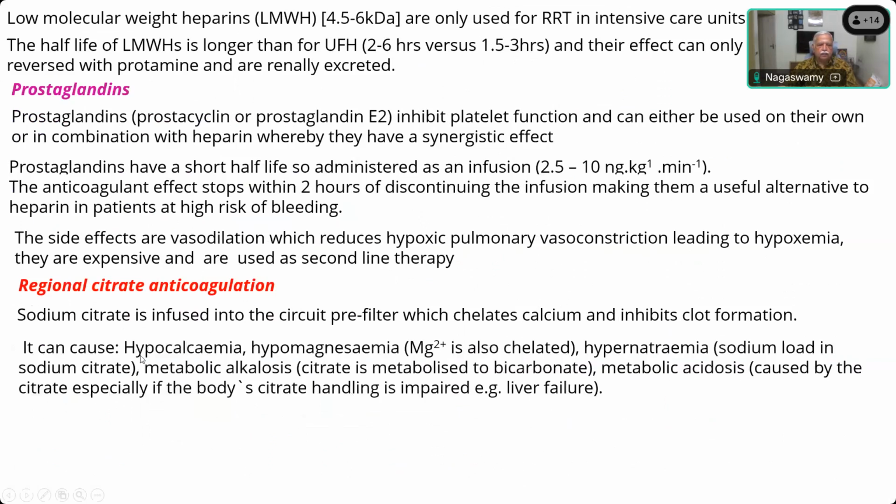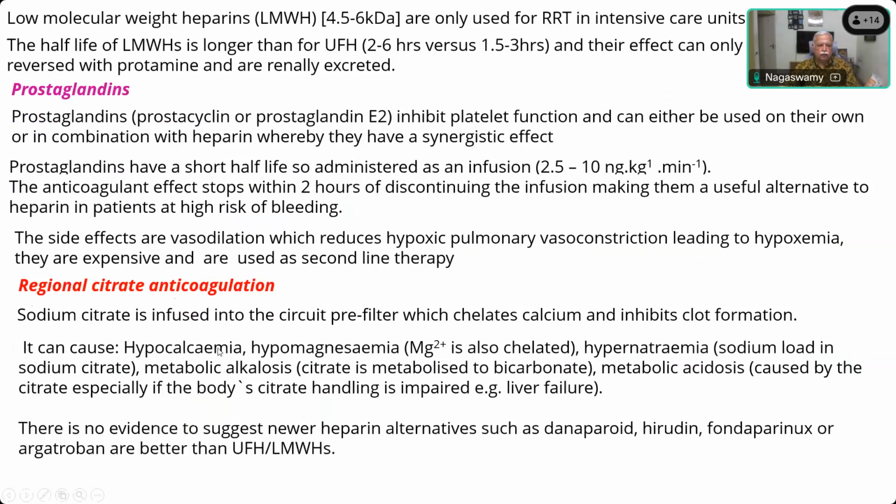But the disadvantages are hypocalcemia, hypomagnesemia, hypernatremia, metabolic alkalosis, or sometimes acidosis by the citrate itself, especially in liver failure patients. So even though this is one of the alternatives, it is not commonly used because of this.